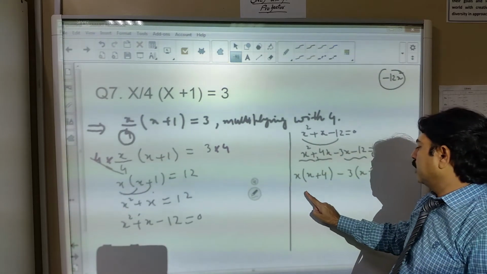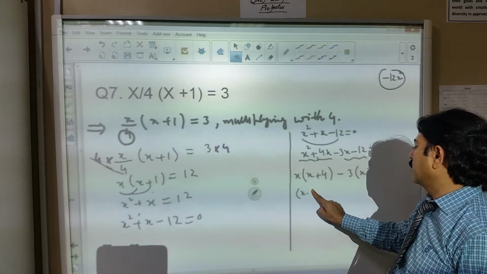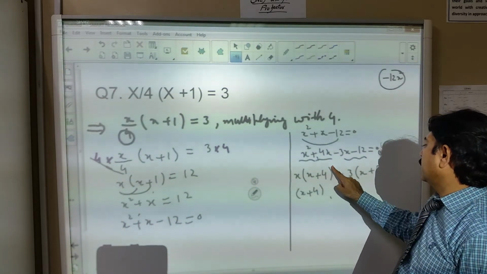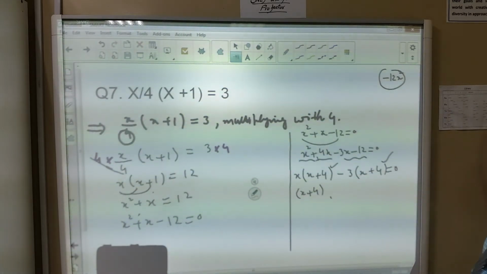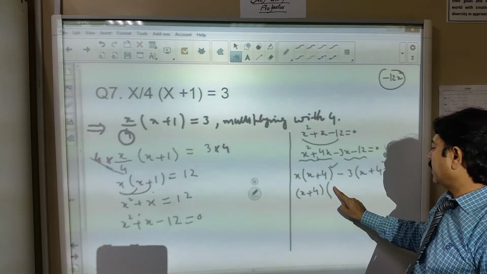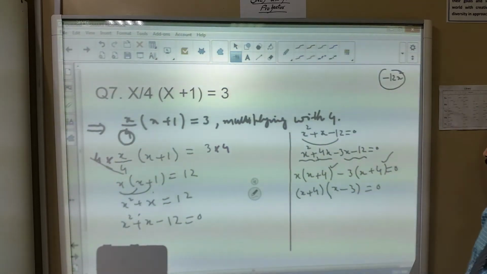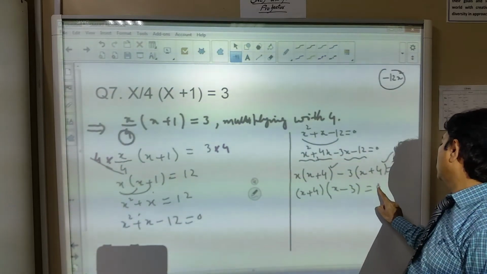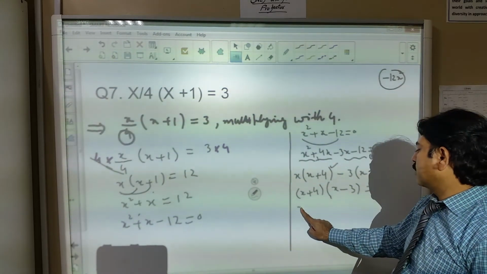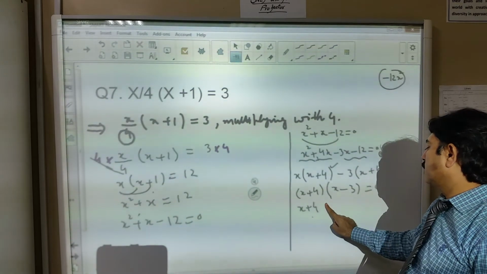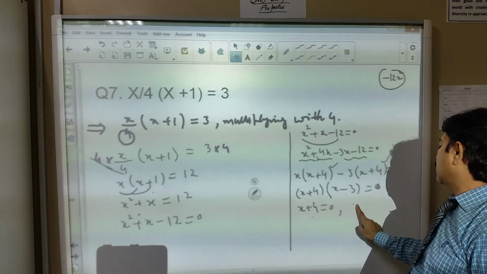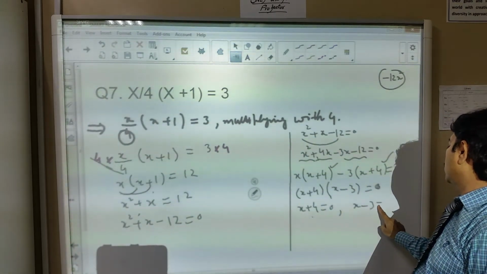Now this means x plus 4 is common in this and this, and the remaining thing is x minus 3, is equal to 0. So x plus 4 is equal to 0, or x minus 3 is equal to 0.